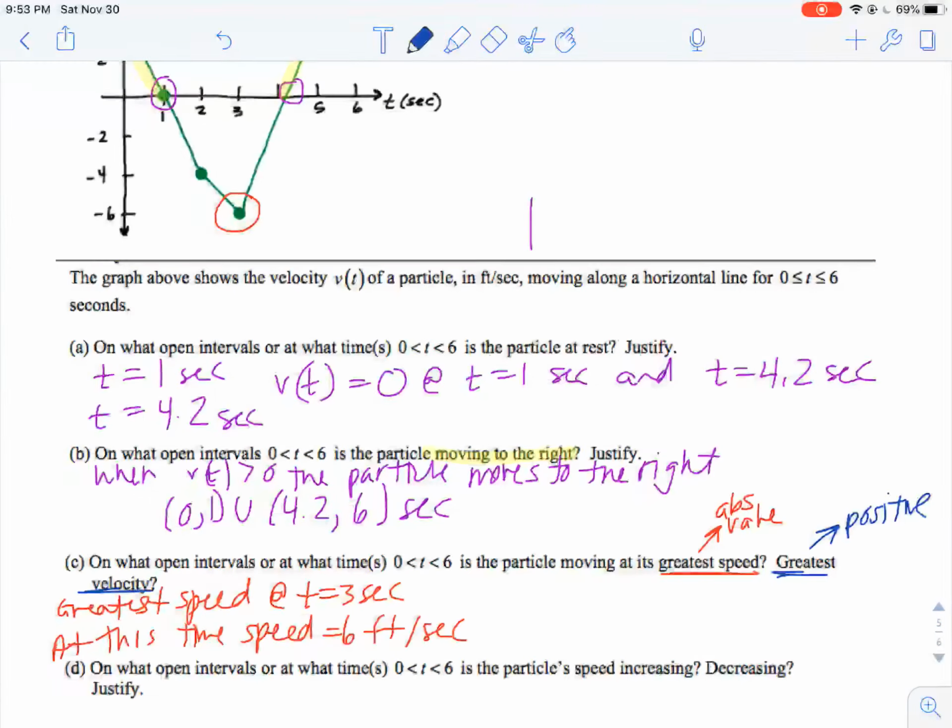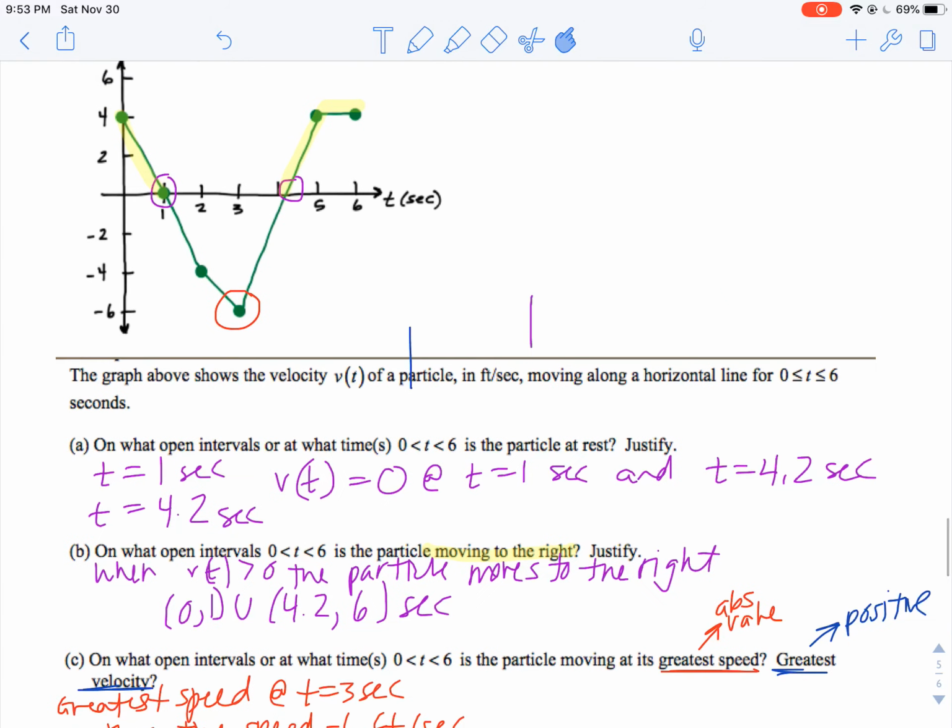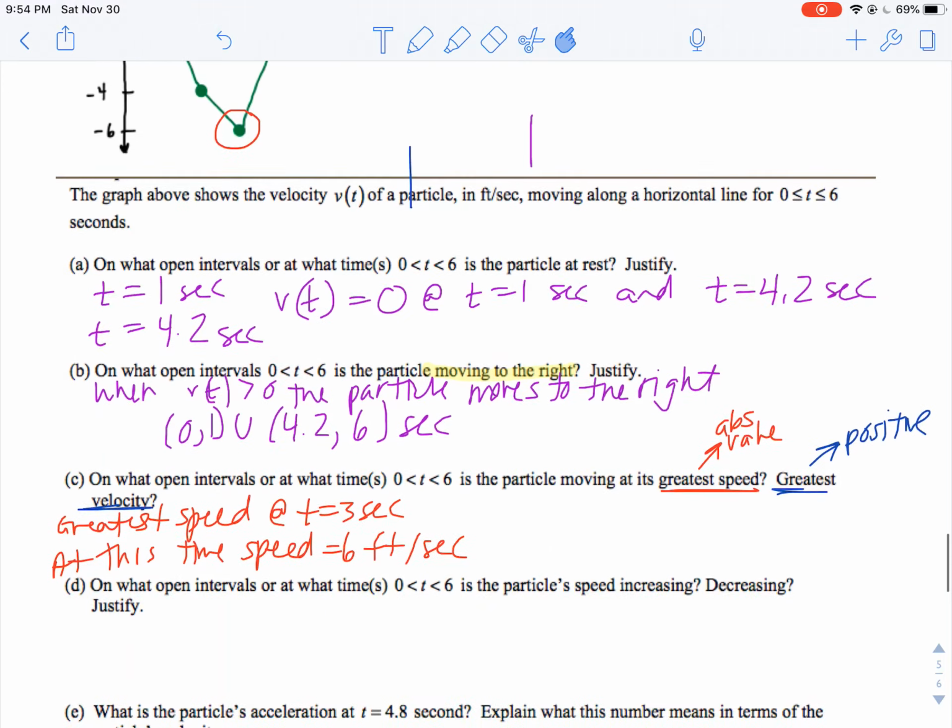All right, and then the greatest velocity is going to be from 5 to 6 seconds. And right there, at time equals 0, and from 5 to 6, it's at 4.